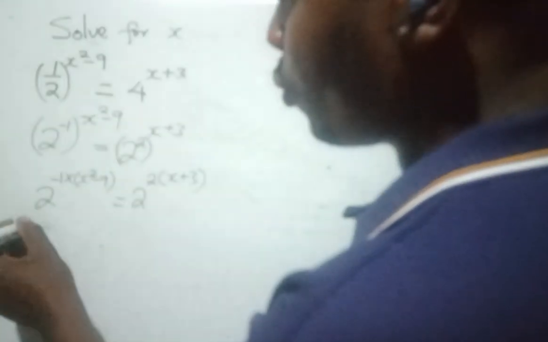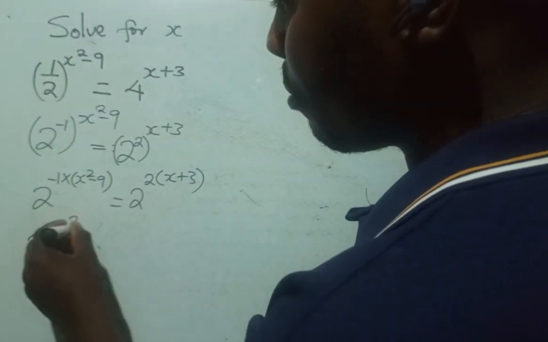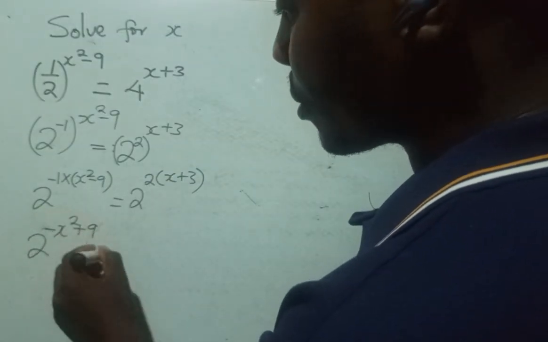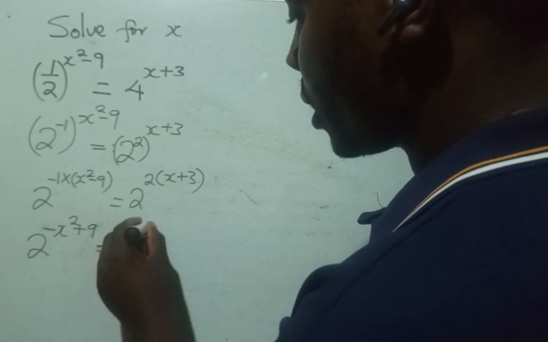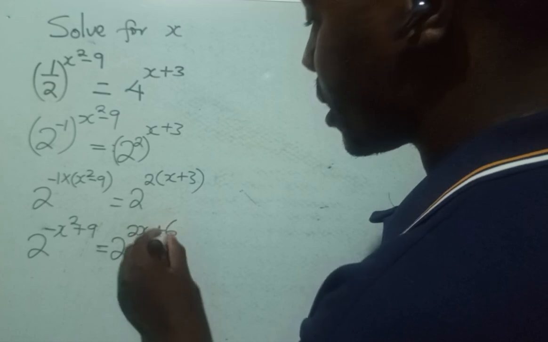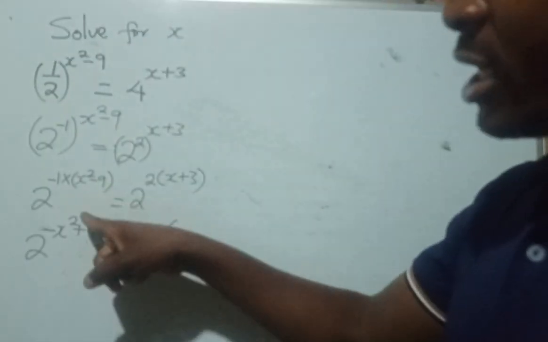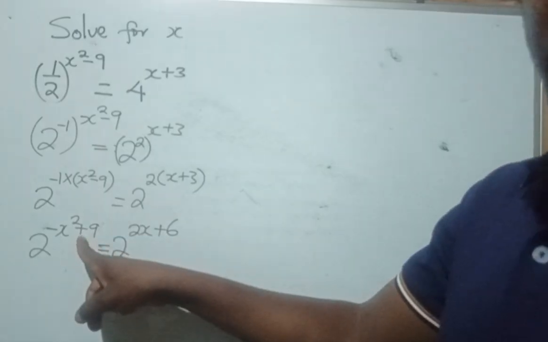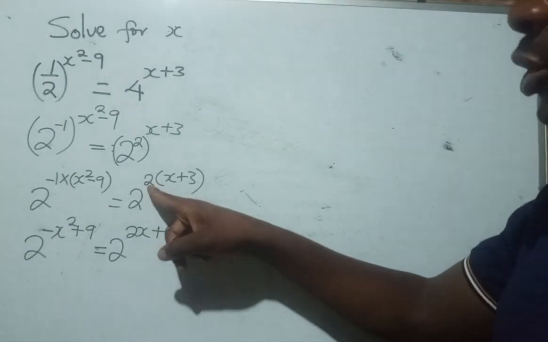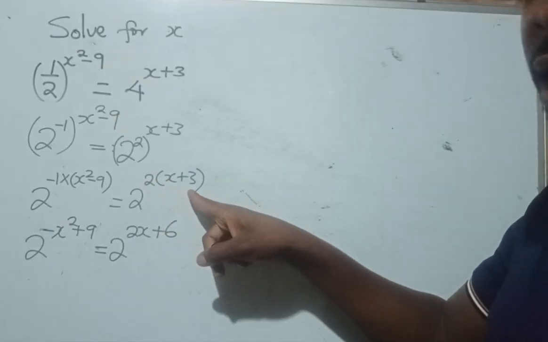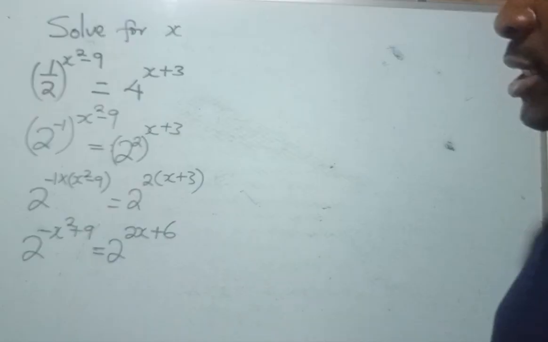Therefore, we are going to have 2 to the power −x² + 9, which will be equal to 2 to the power 2x + 6. I multiplied −1 by everything in the bracket, hence it has made −9 change to positive 9. I've also multiplied 2 by everything in the bracket. This is the reason why I have 2x + 6.